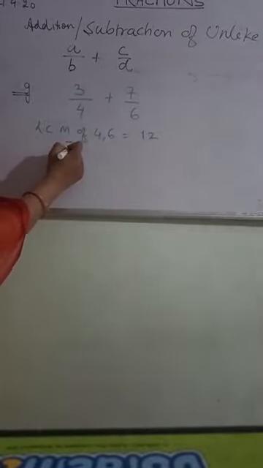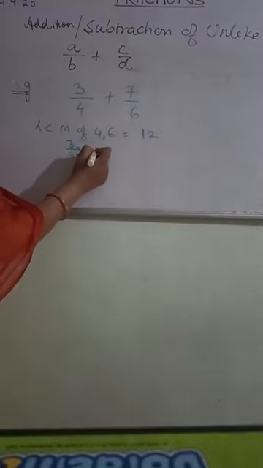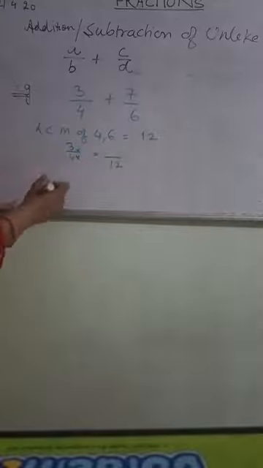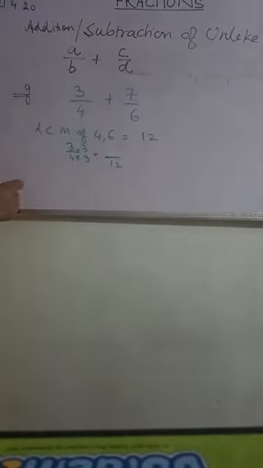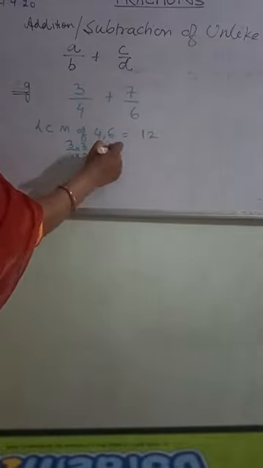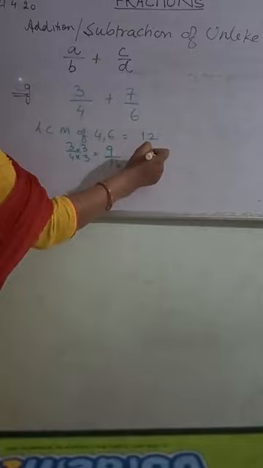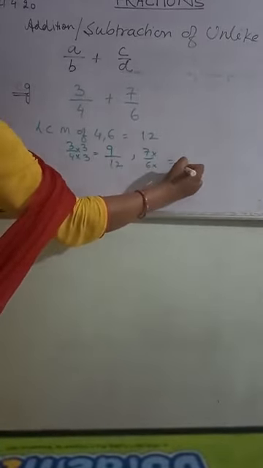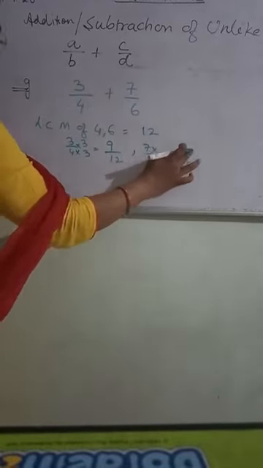So for 3 by 4, how much should I multiply in numerator and denominator to get the denominator equivalent to 12? 3. So how much will it become? 9 by 12. Next one: how much should I multiply?